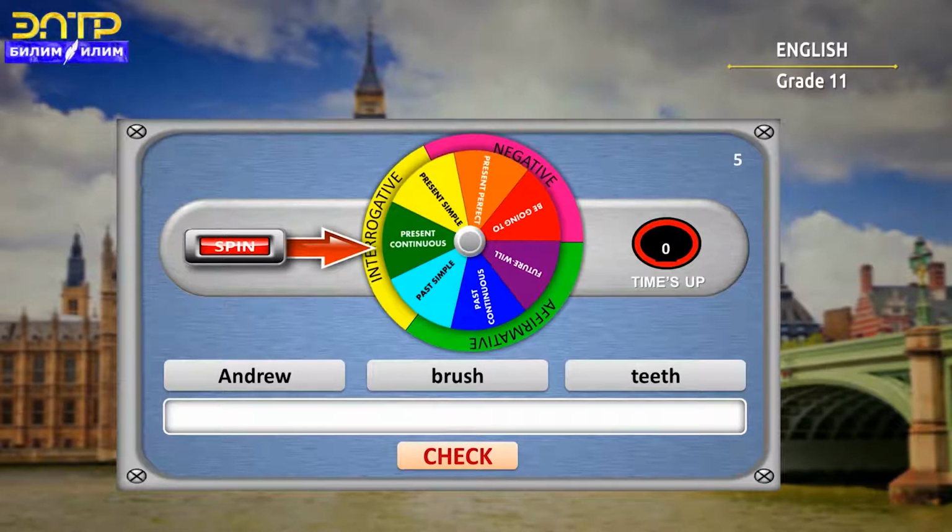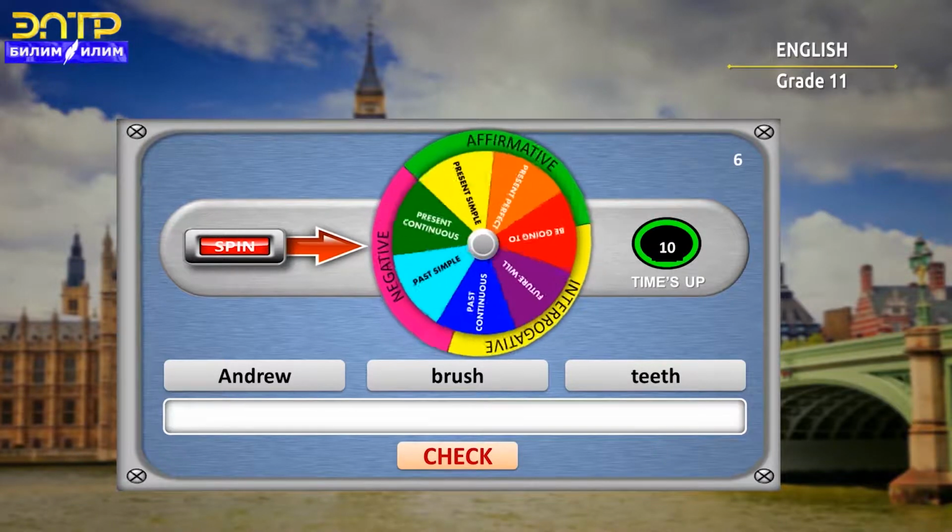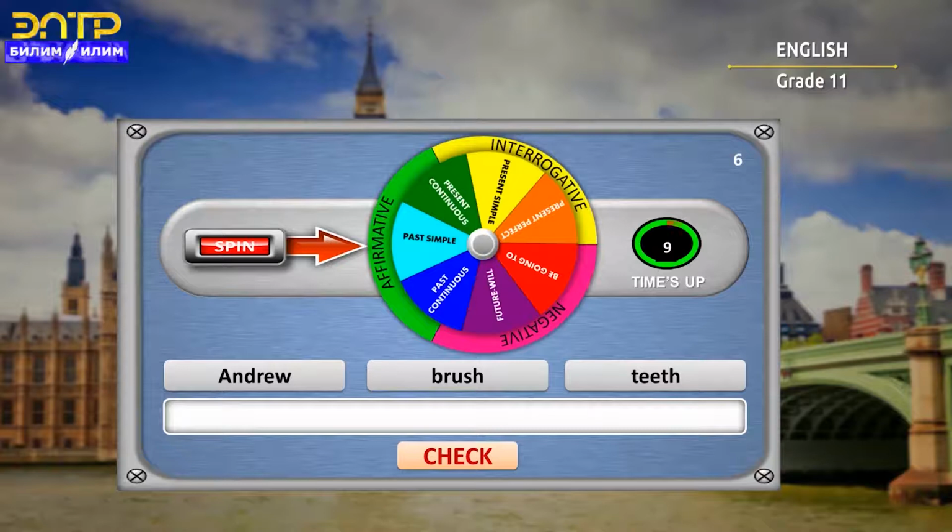It is a present continuous interrogative sentence. Is Andrew brushing his teeth? The spin shows past simple affirmative sentence. Let's check.